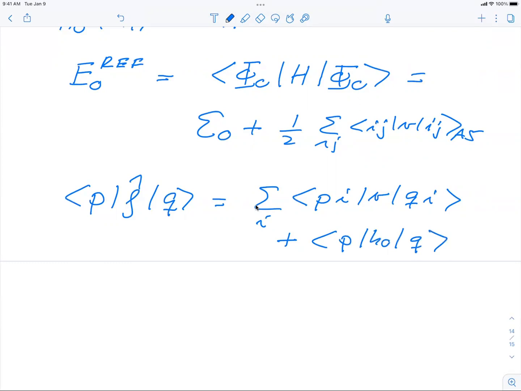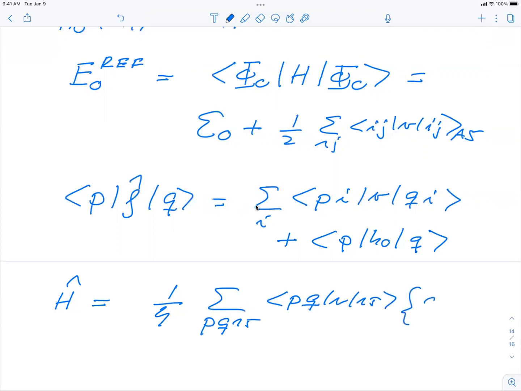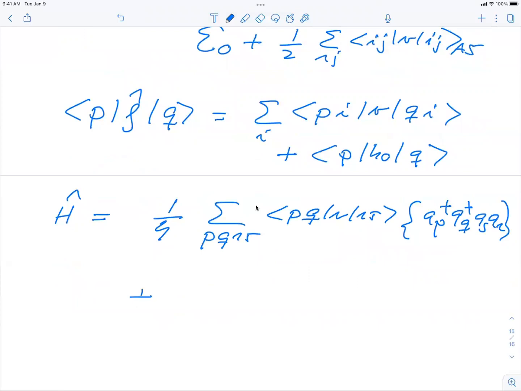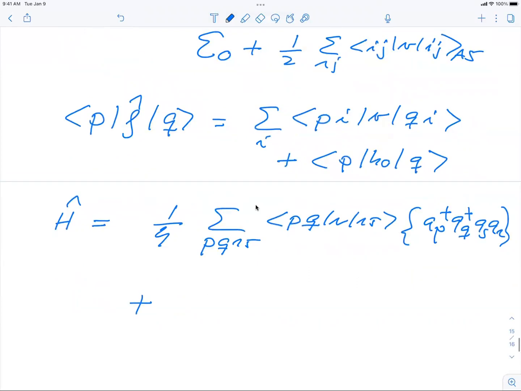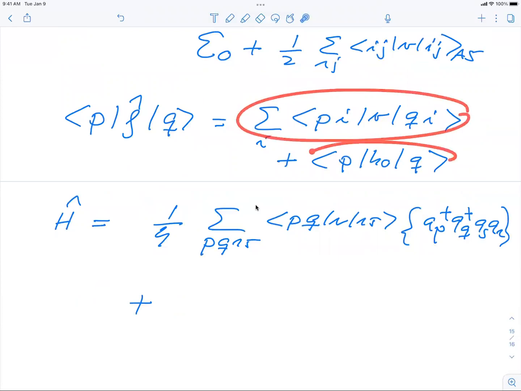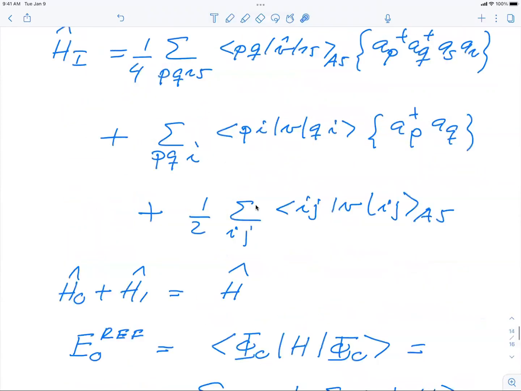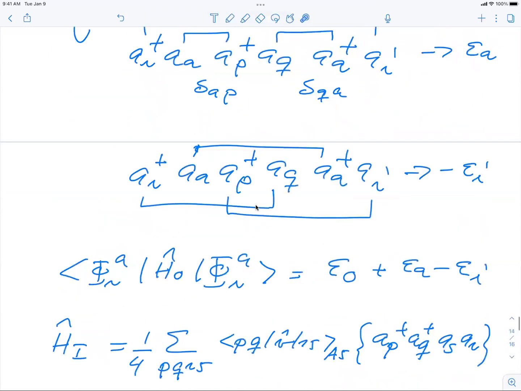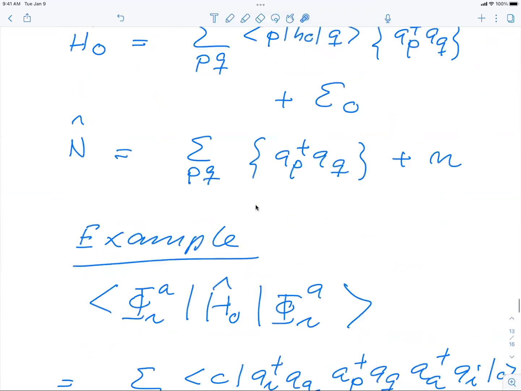So if I use these definitions here, I can actually rewrite H in terms of the following operators. So I'm going to have a 1/4 and the sum which runs freely over all the single particle states, but normal ordered with respect to the new vacuum. So I have a_P dagger, a_Q dagger, a_S, a_R. Next, if you look at what I have defined here, if you look at this definition and that one, if you look at the one-body operator, I would have a term like this.